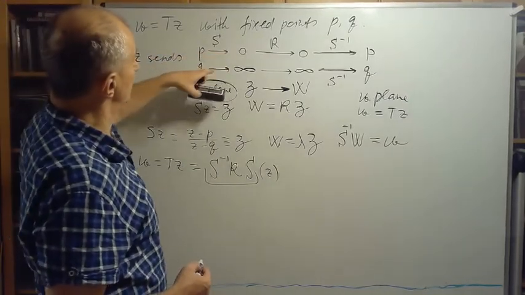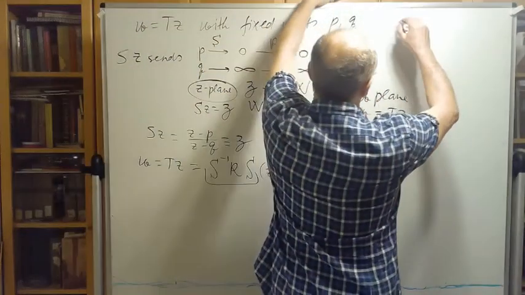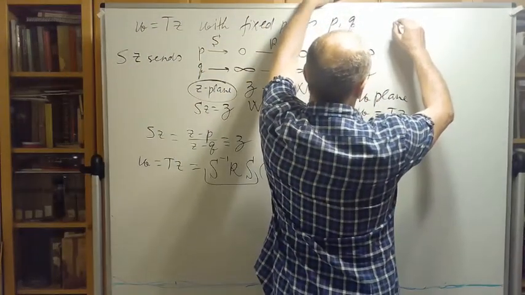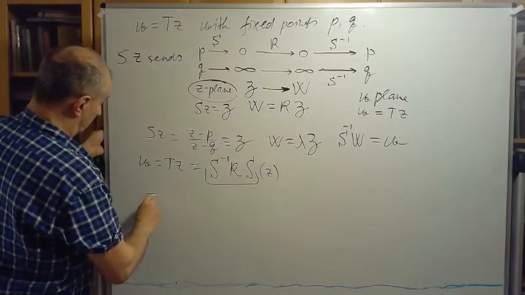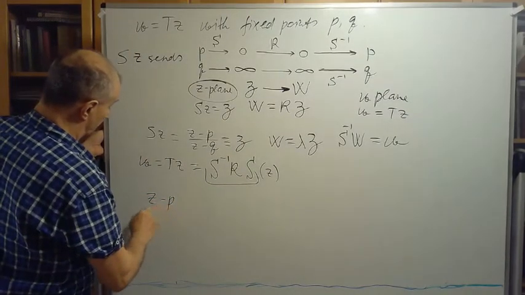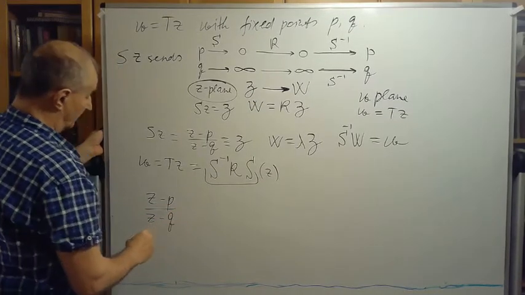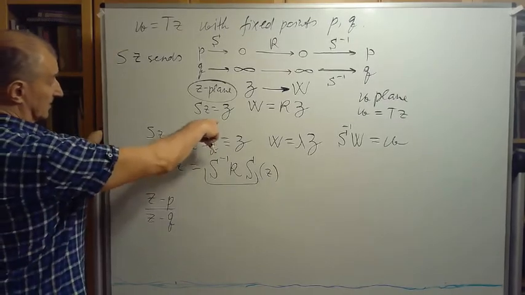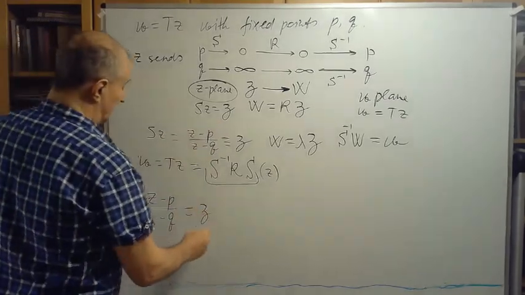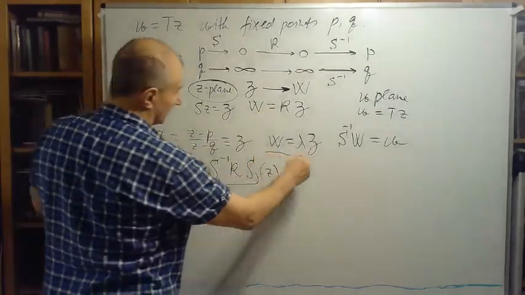How to move point P to 0, Q to infinity. You can write it this way. You can write Z minus P over Z minus Q. And then this way we will obtain Z. And Z must be multiplied by lambda.